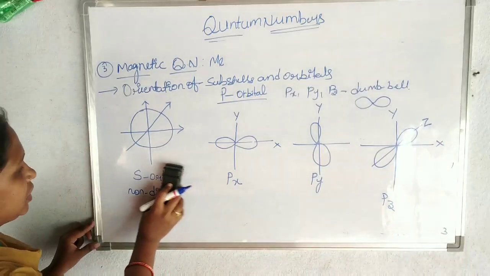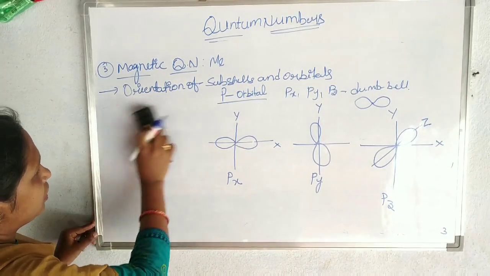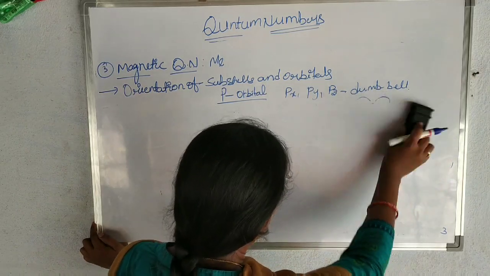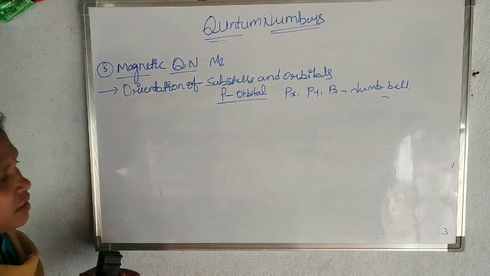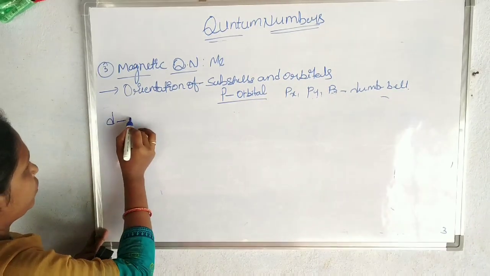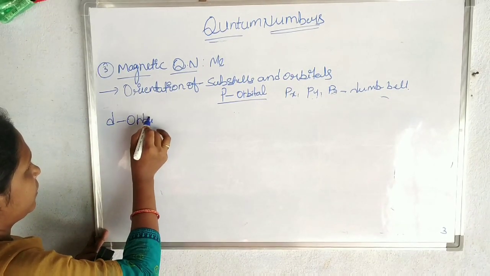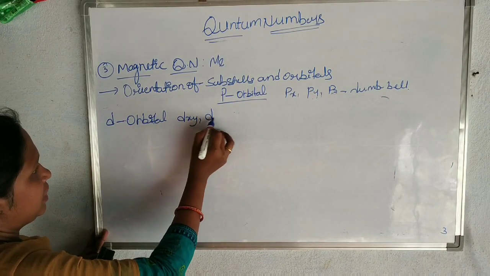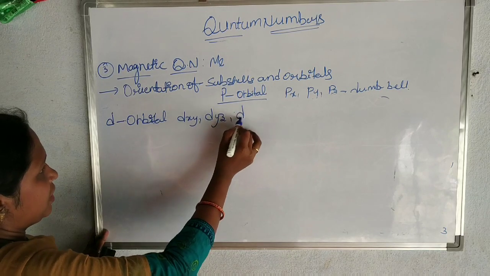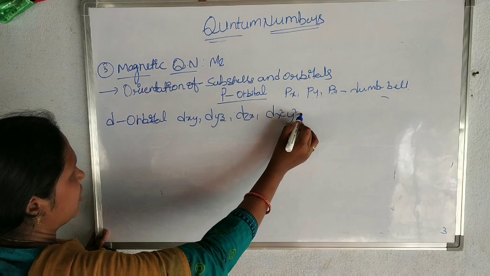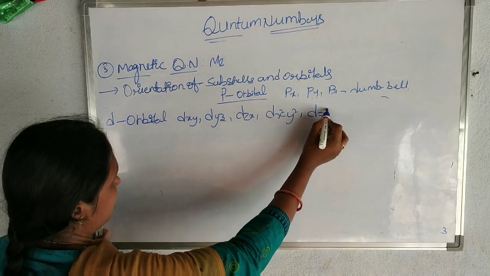Now we see the D orbitals and their orientation. D has 5 orbitals. Those are dxy, dyz, dzx, dx square minus y square, and dz square.